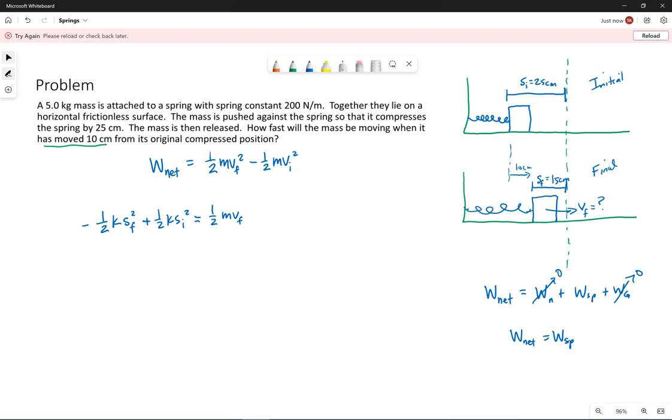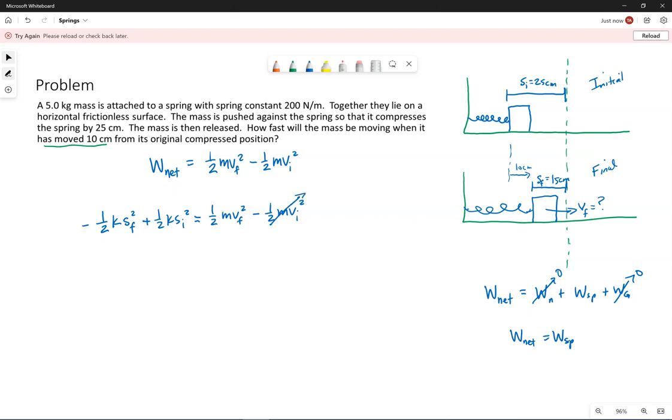So that's partly why I draw my picture, because the S in the work equation needs to represent the compression or stretching of the spring, how far it has moved from equilibrium. So that's why I draw it from equilibrium.